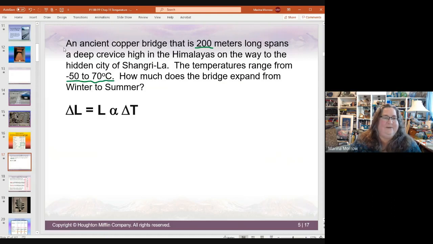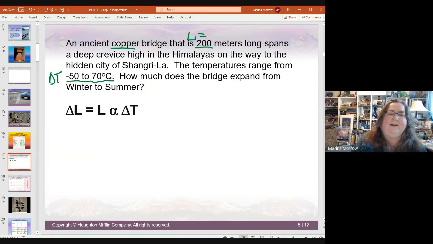The things that we need are the original length, which is L, 200 meters, right there. And then we need our delta T, which is here, -50 to 70 degrees. And then we need our expansion coefficient, which depends on the material.